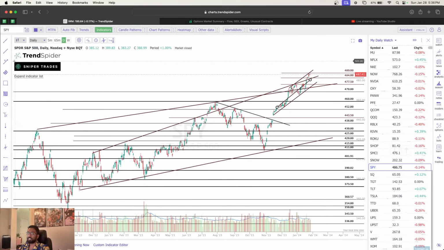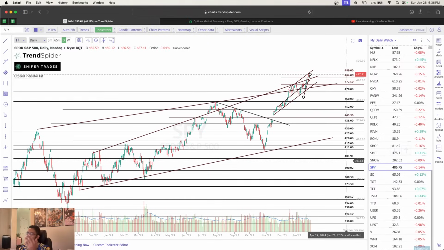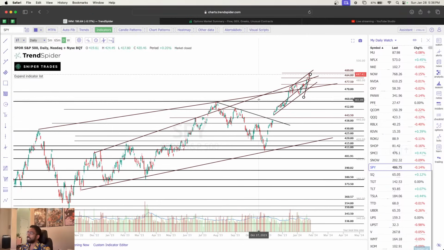And when I look at that chart, I'm like, what the hell am I looking at? I really don't know what I'm looking at, and it bothers me quite a bit.